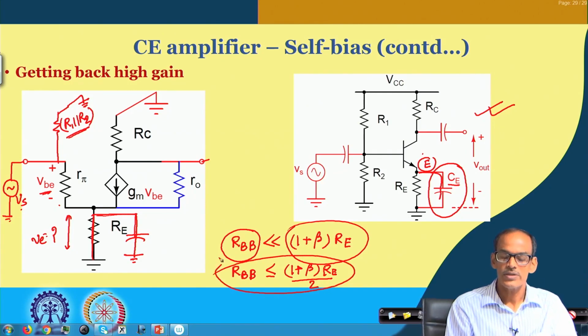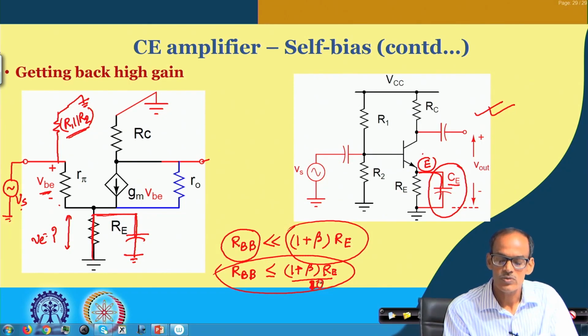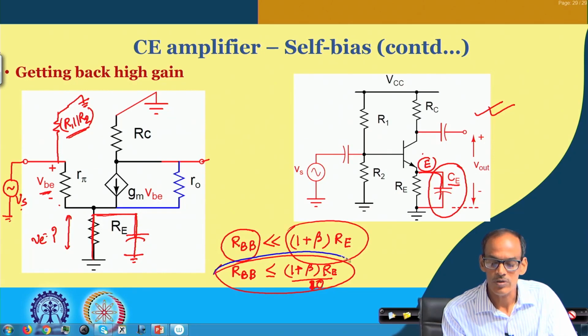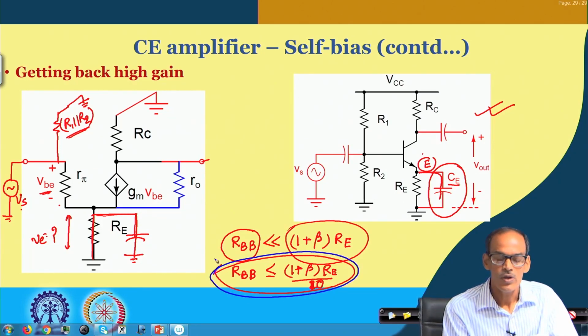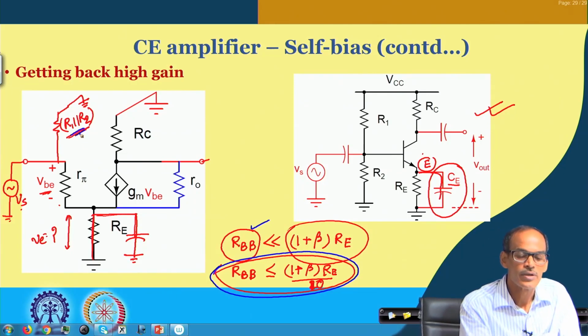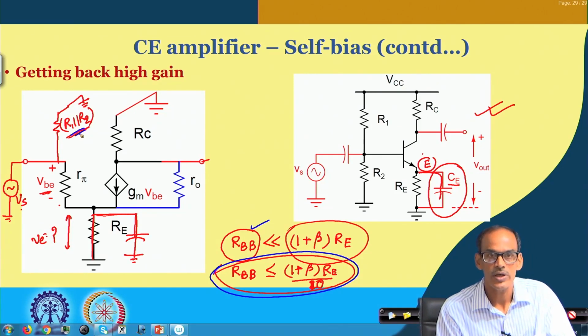Okay, so this is not 2, this is 10. This is the practical design guideline we follow for this circuit. So, you may say that the smaller this resistance the better. Can I make this resistance really small, or is there any trade off?